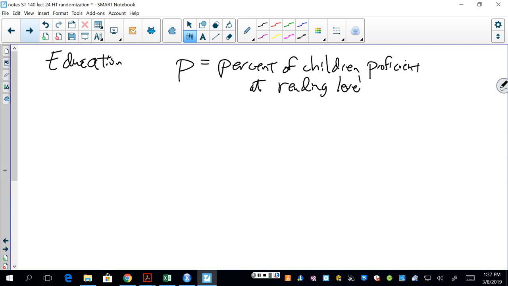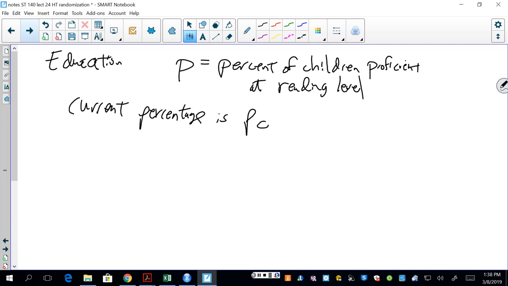And there's some kind of standard, the current percentage is P sub C, some value, 90%, 80%, 70%, something for the sake of argument.